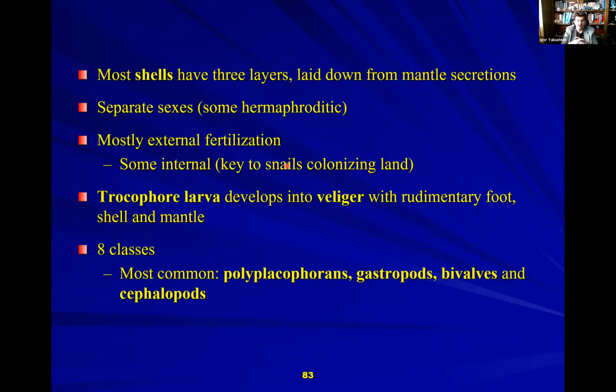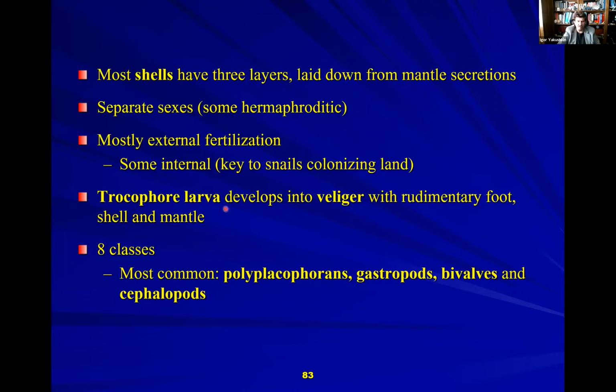And then we ended up with a huge continent, Pangaea, where there were not enough water sources. As a result, they had to come up with something else, and that was internal fertilization. And reptiles, including birds, as well as the mammals, have internal fertilization.